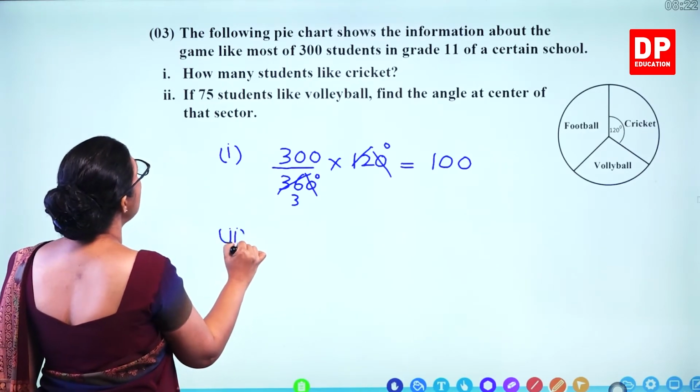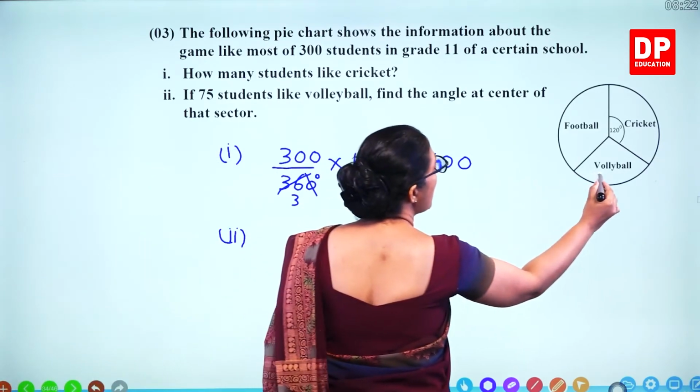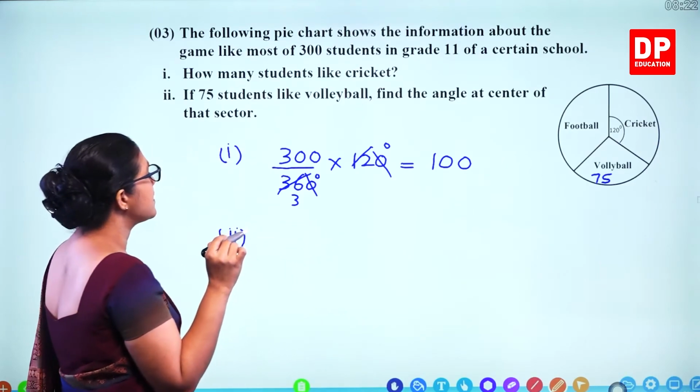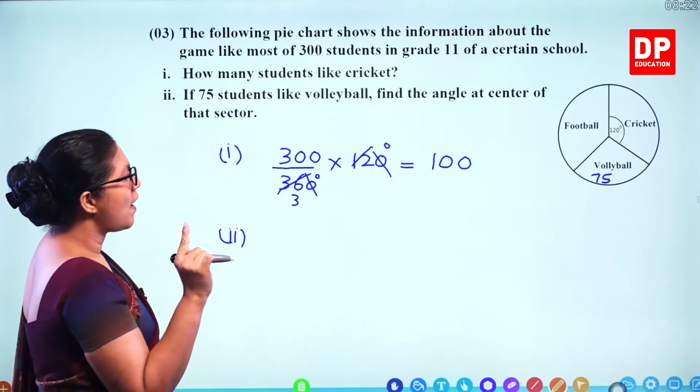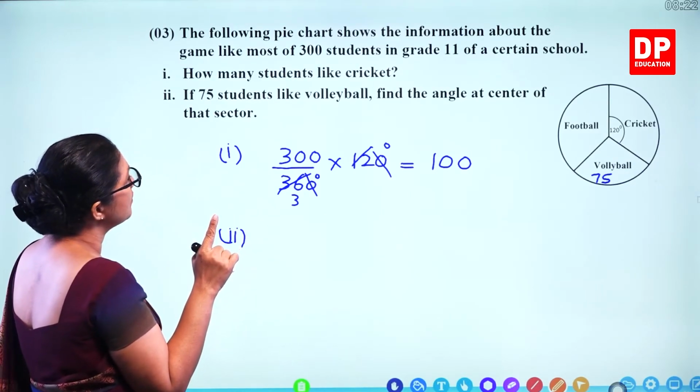Then second part, if 75 students like volleyball, this is 75. Find the angle at the center of that sector. So 75 there. So we can use the previous information.